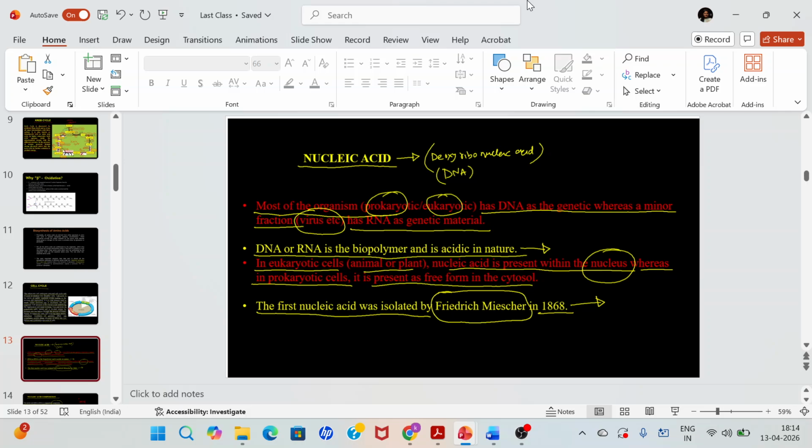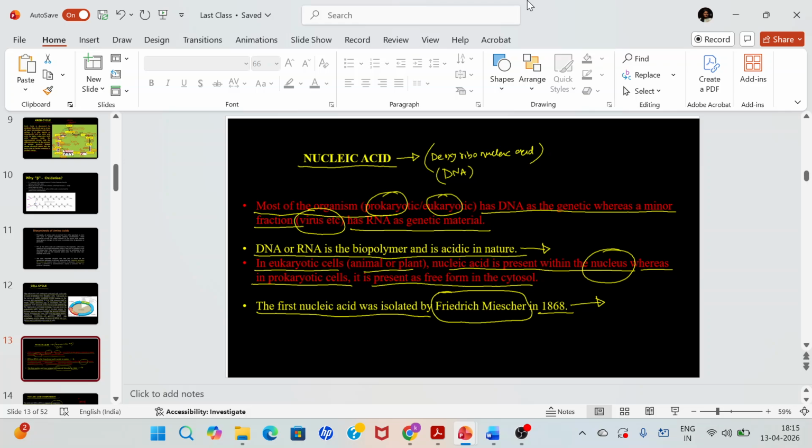So it has the genetic information, whereas a minor fraction, for example virus etc., has RNA as the genetic material. So mostly it is DNA which is the genetic material, but in the case of viruses, smaller organisms, a very minor fraction, they can have RNA as a genetic material too.